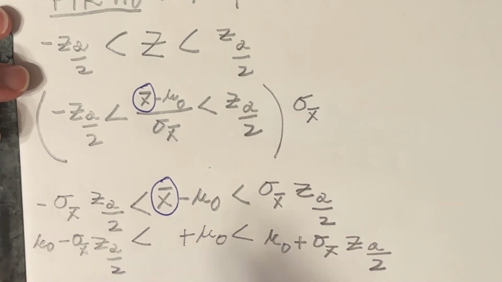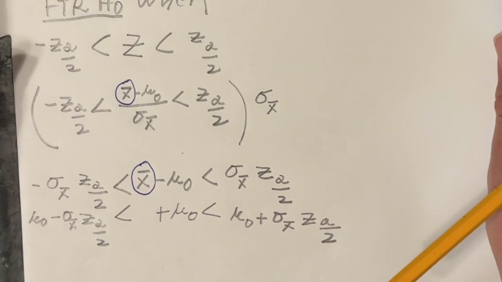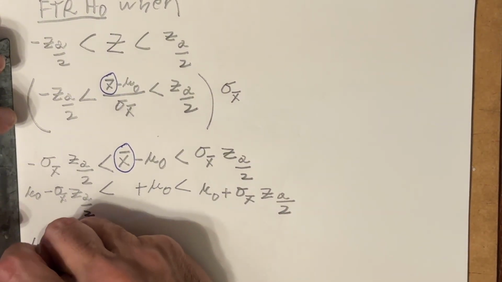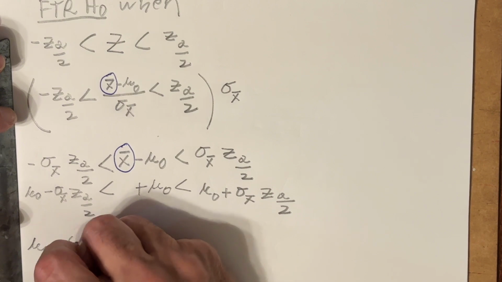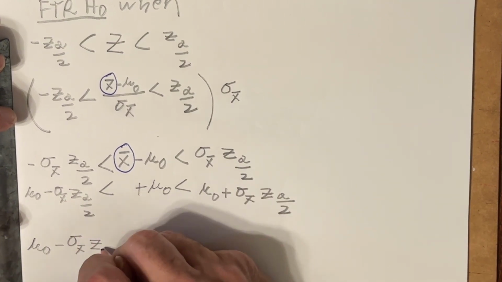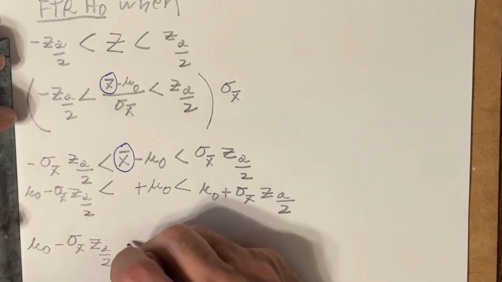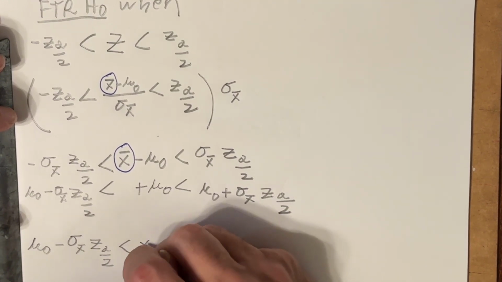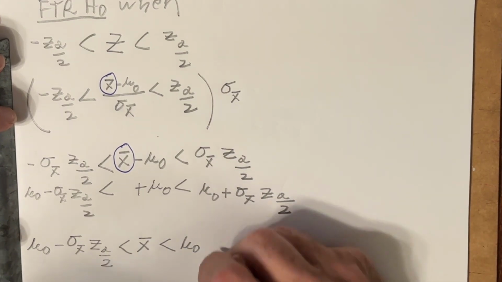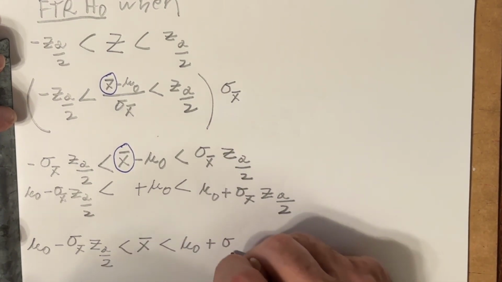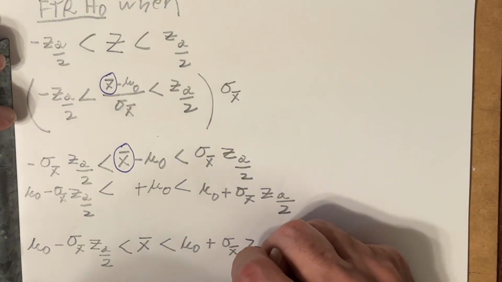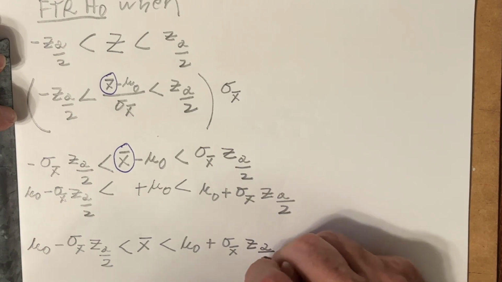And what we get is mu naught minus the standard error of the mean times z sub alpha over 2 is less than x bar, which is less than mu naught plus sigma sub x bar, also known as the standard error of the mean, z sub alpha over 2.